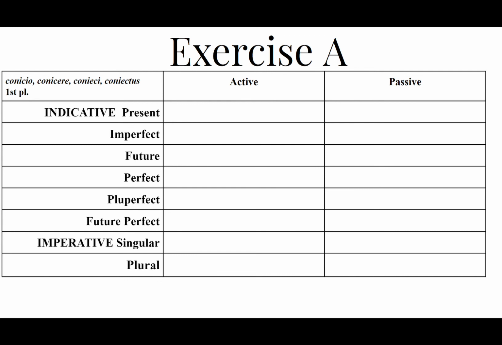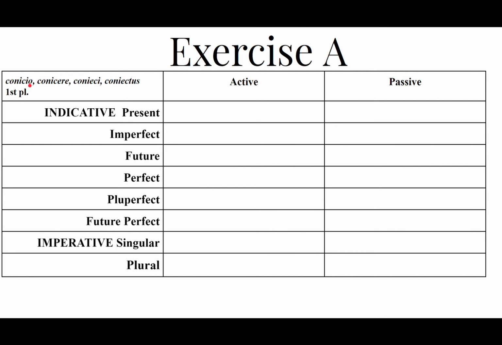First off, know the principal parts. Notice that in the third and fourth principal parts, what is a vowel i in conicere and conicio becomes a consonant i, so conieci. In the Middle Ages, this i would be written as a j: conjectus, like a conjecture, something you just throw out there.